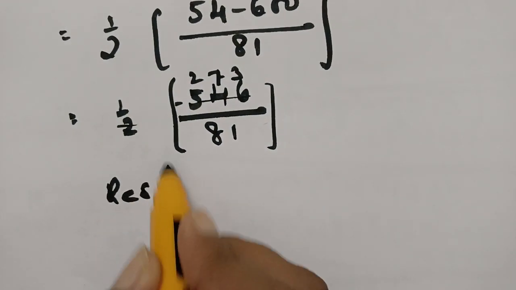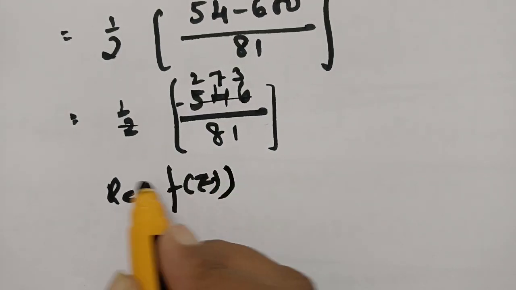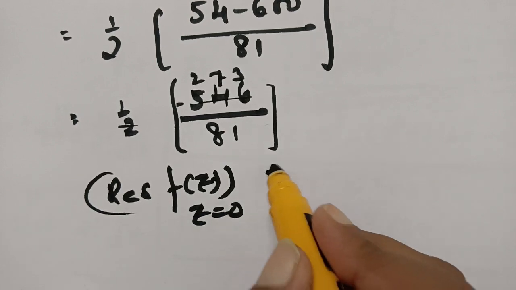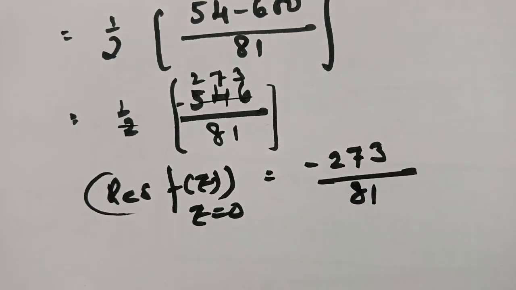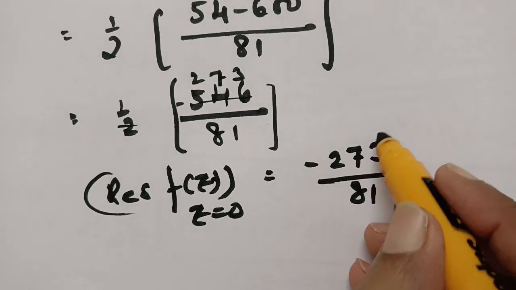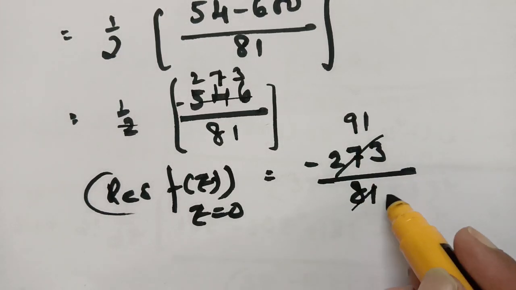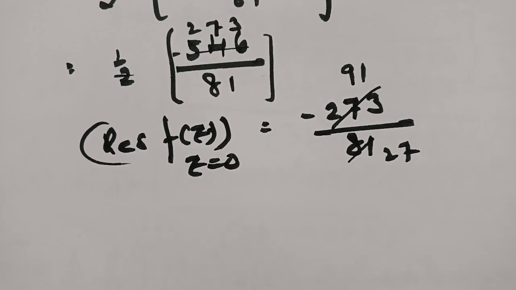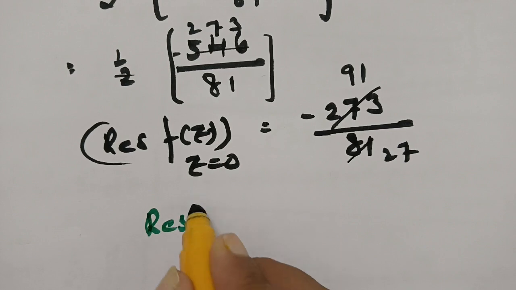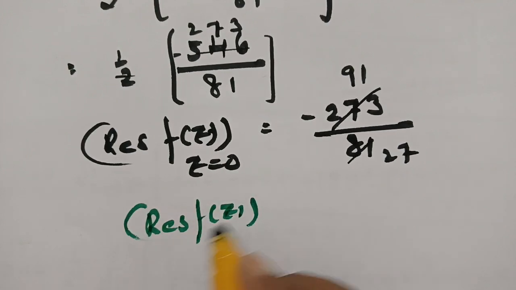Therefore residue of f of z at point z is equal to 0 is nothing but minus 273 by 81. So if I cancel in 3 table, this will be 91 and this is 27. So we got the residue value of f of z, as this is an internal pole.